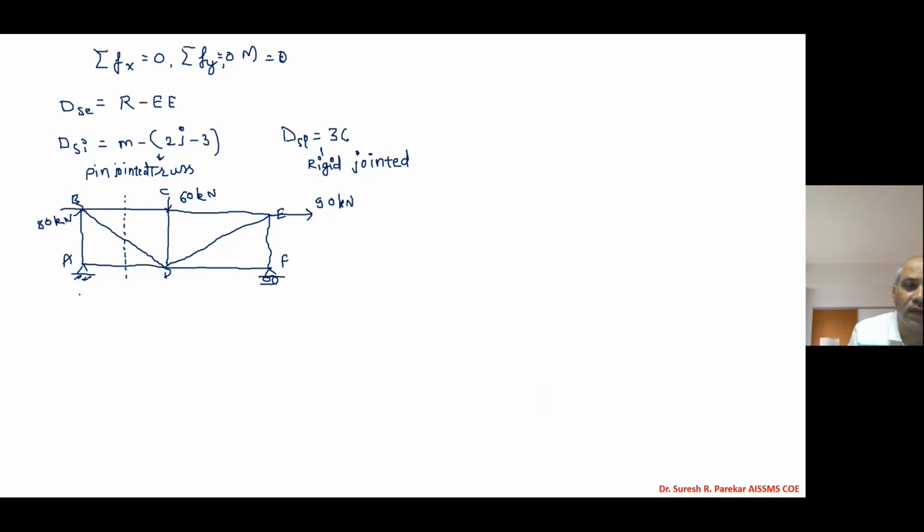Whenever we go for a section, we first have to find the reactions. Now, if each of these spans is 2 meters, then we are going to get the reaction RF. Taking moment about A equal to 0, we get minus RF into 4 plus 90 into 2 plus 60 into 2 plus 80 into 2 equal to 0.